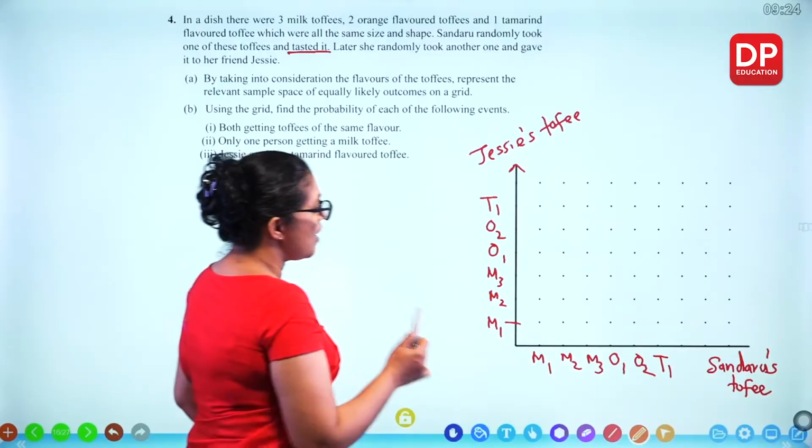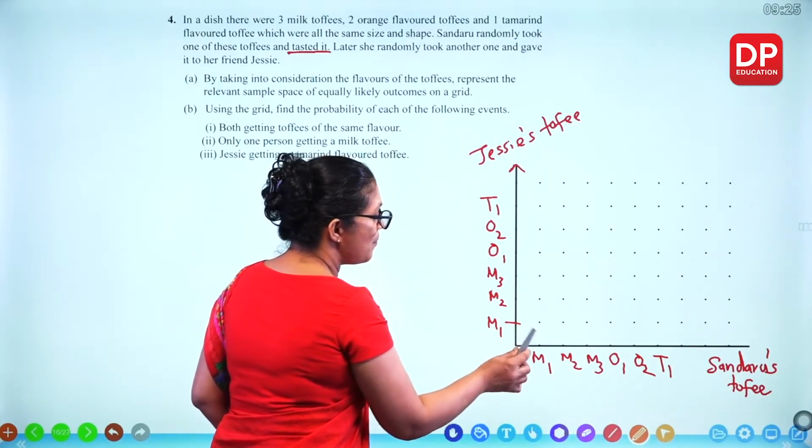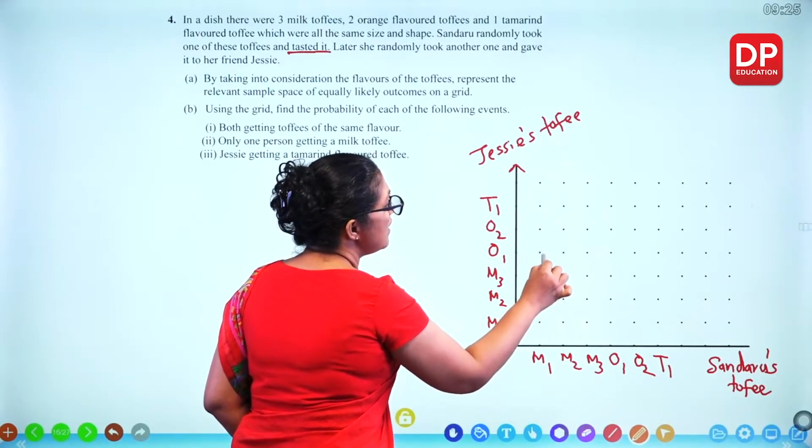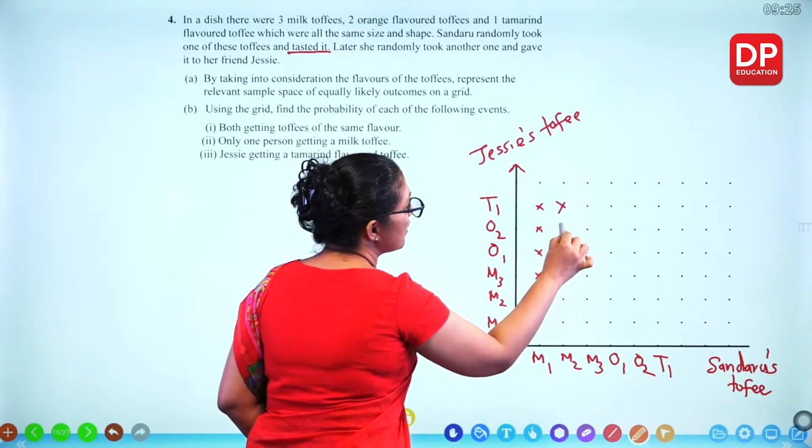Then what are the outcomes you can get? You can't get the same thing. So here all these other possibilities you have to mark.